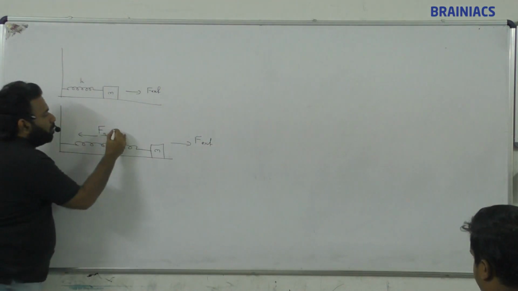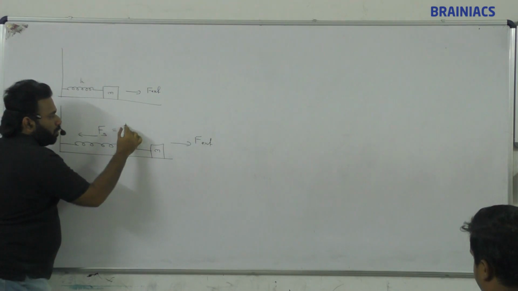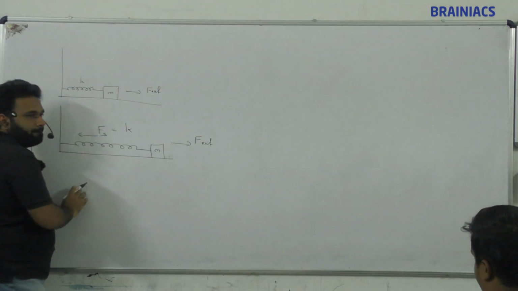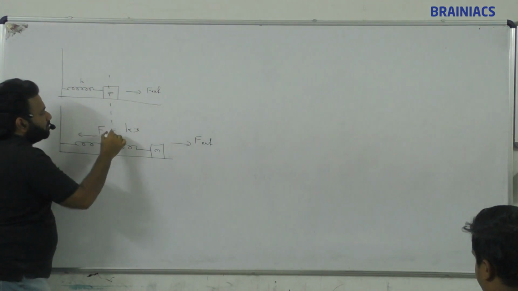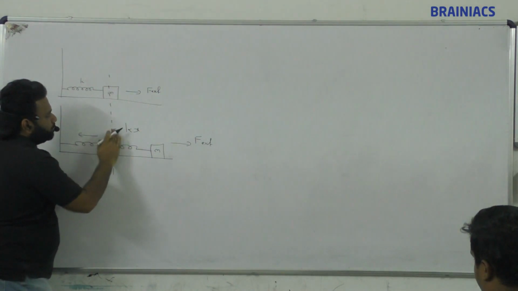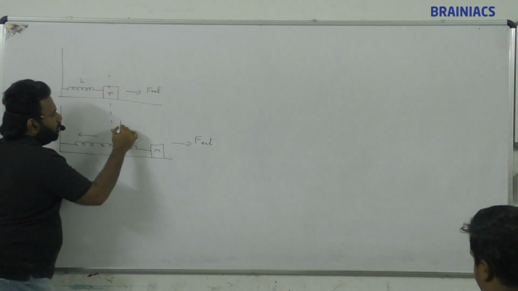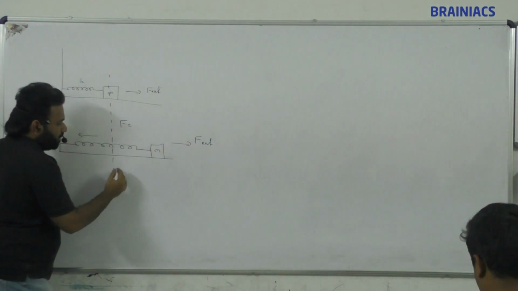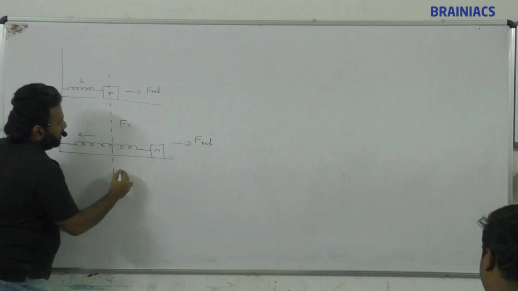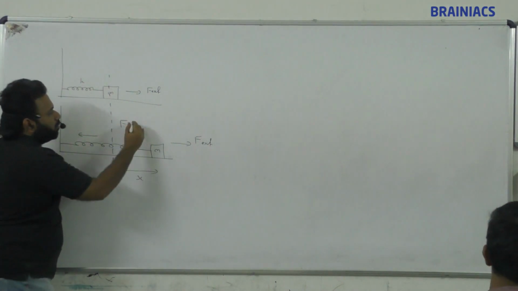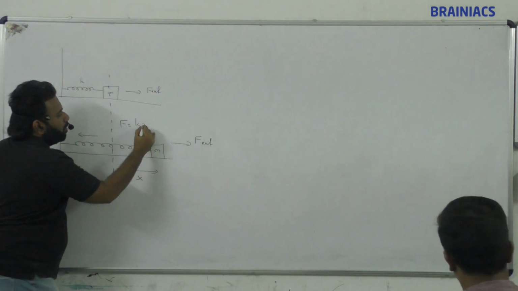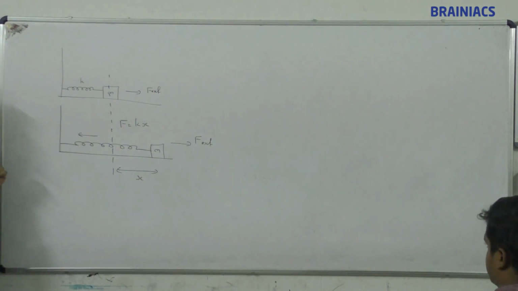F is equal to K, the spring constant, into the elongation. How much is this elongation? See, this is what is x. So F is equal to K into the elongation. This is the spring force.